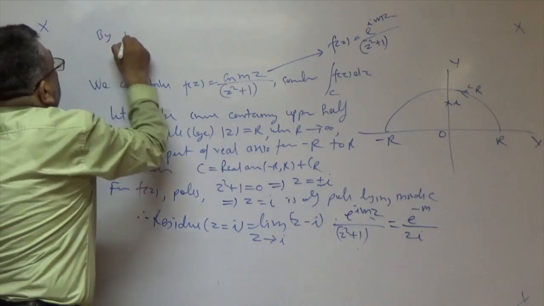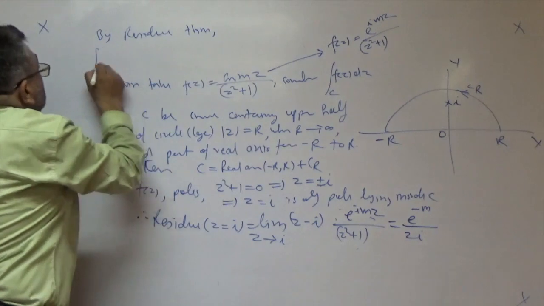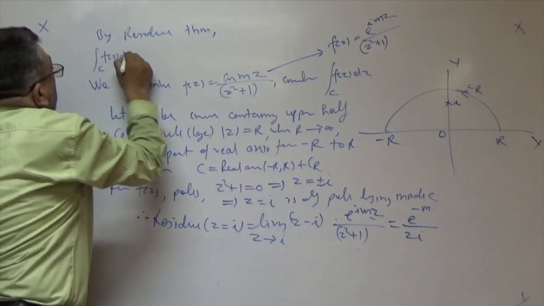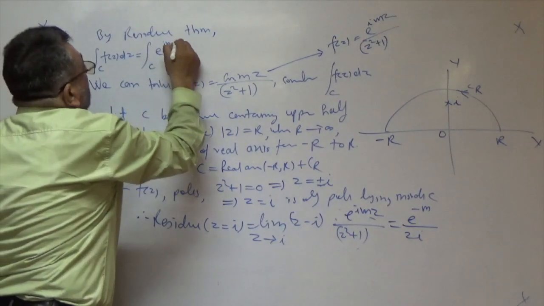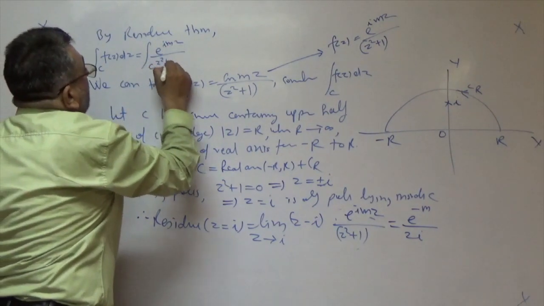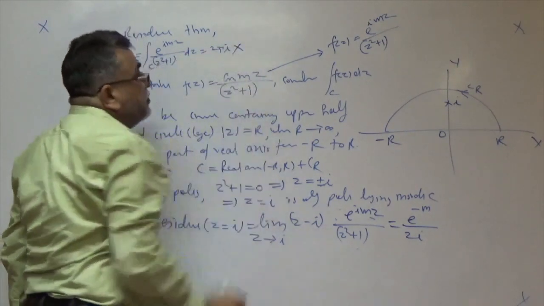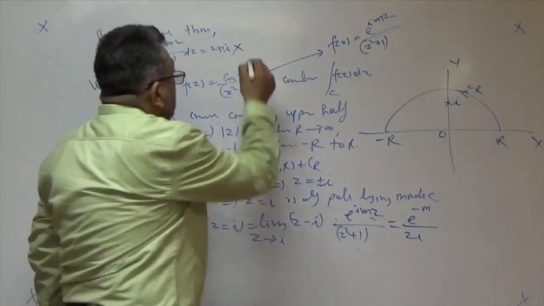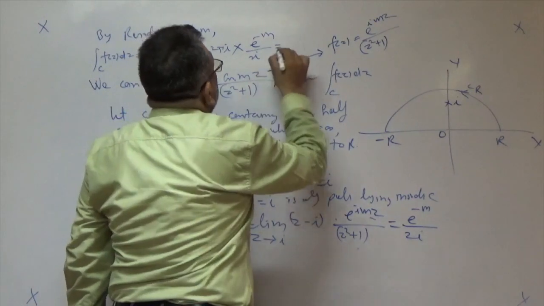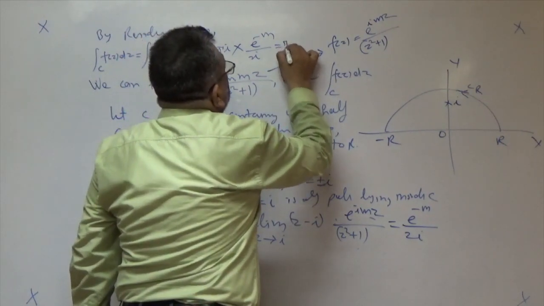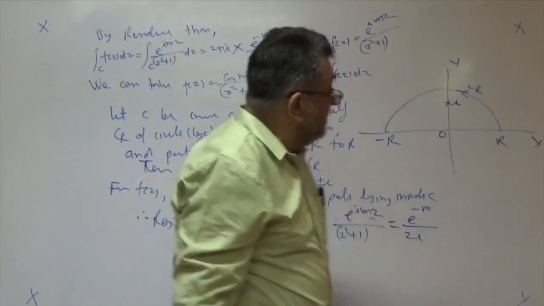Therefore, by the residue theorem, the integral over C of f(z), that is the integral over C of e to the power imz upon z squared plus 1 dz, equals 2πi into the sum of residues. Here there is only one residue, e to the power minus m upon 2i. 2i cancels out, so this is π times e to the power minus m. This is the value of this integral.